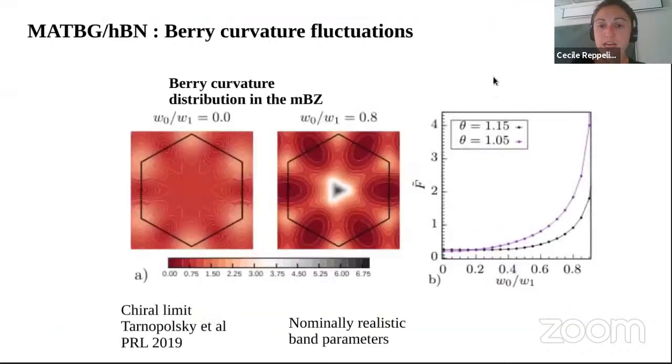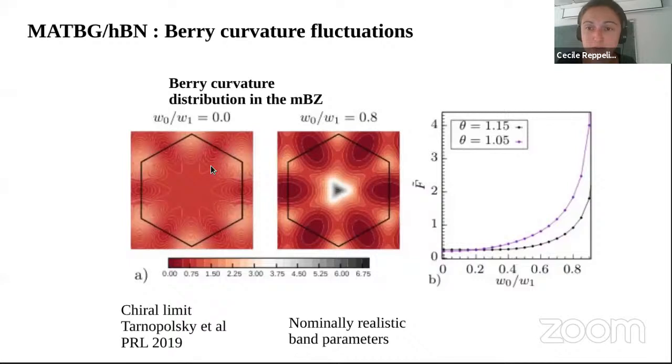We also looked at the effect of Berry curvature. I'm realizing now that I don't have much time left, but I just wanted to emphasize that Berry curvature is a band property basically.